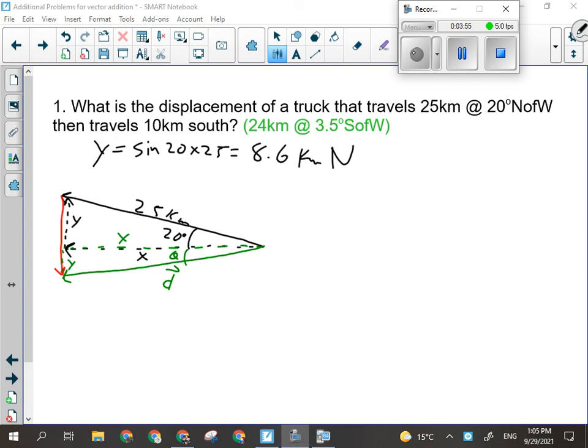So first thing I've got to calculate is the x component, because I already calculated the y, for the 20 degree triangle. So this is the x component right here. Black x is that side there. It's adjacent to the 20 degree angle, and I have the hypotenuse, 25. So when I do that, I'm going to get like 24 point something.